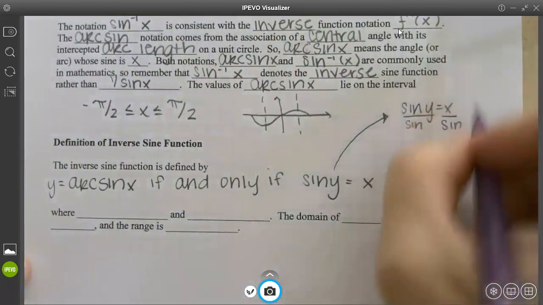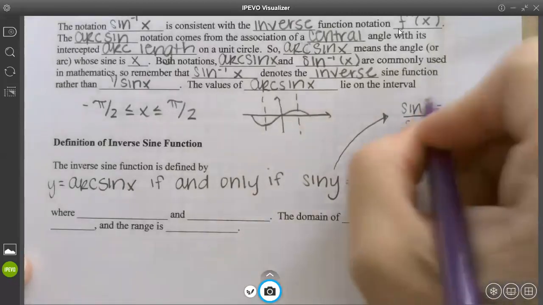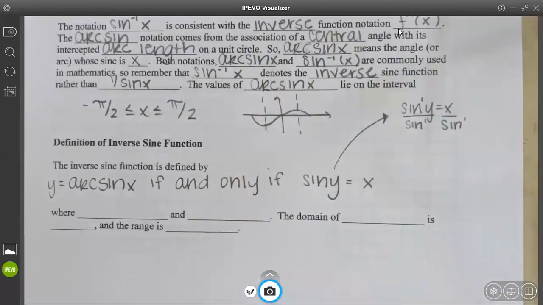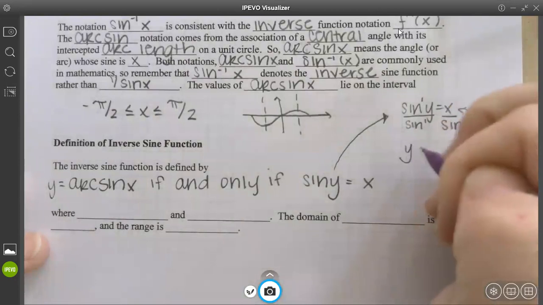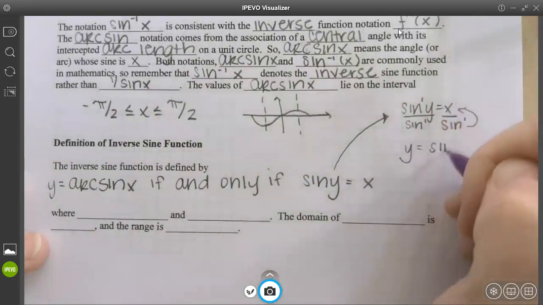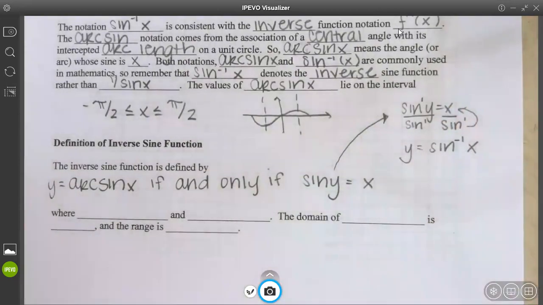Our power of sine right now is a positive 1, so it's not sine squared, not sine cubed, it's sine 1. And then to be able to put it on the top, we have to change the sign of the power to a negative. So that's why it's denoted the way that it is.